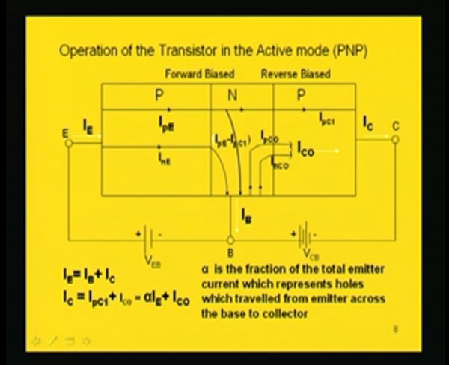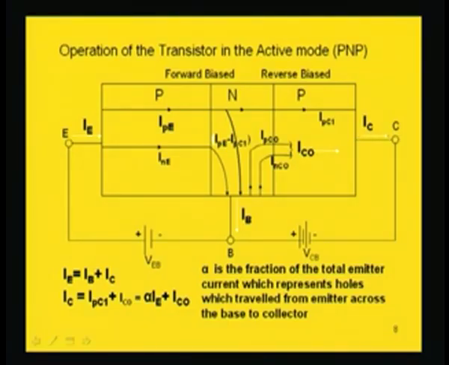Now, if we consider the whole transistor as a device, it is nothing but a junction where you can apply Kirchhoff's current law. The incoming current summed up will be equal to the outgoing current summed up.